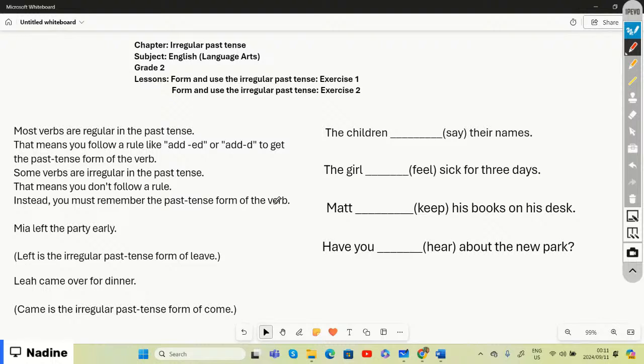We cannot say add a d or add an ed to an irregular past tense. With an irregular past tense, the wording changes when it goes from the present tense to the past tense. So you're going to have to just remember the form of that irregular past tense.